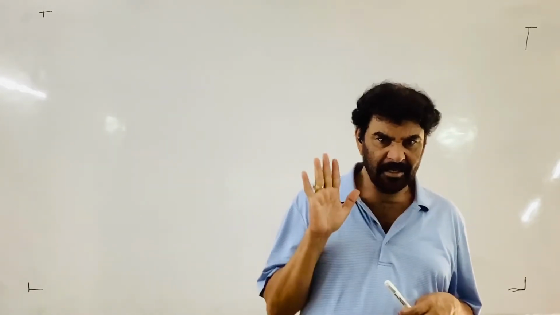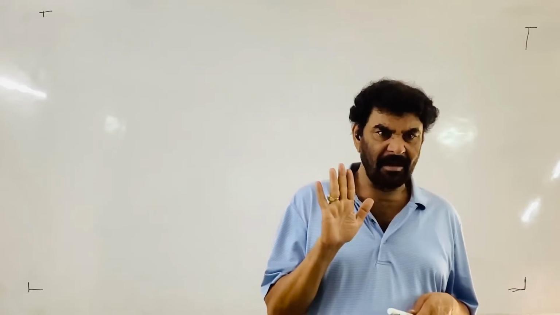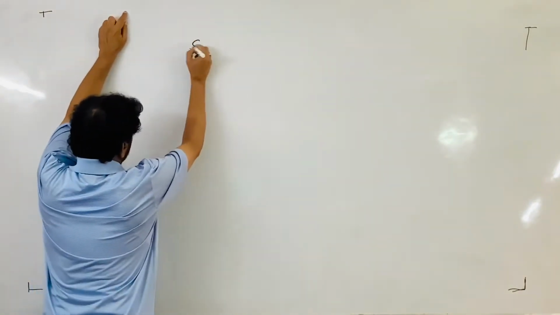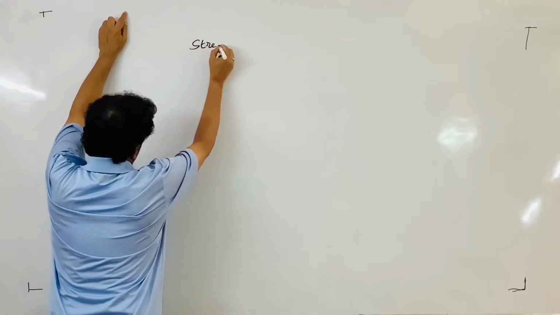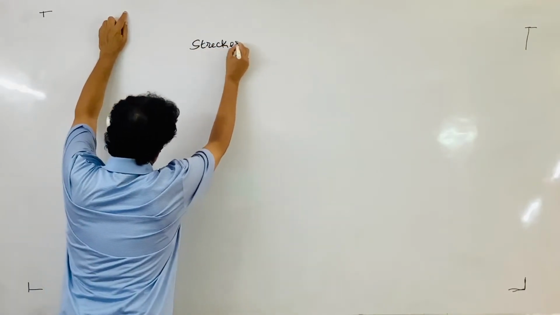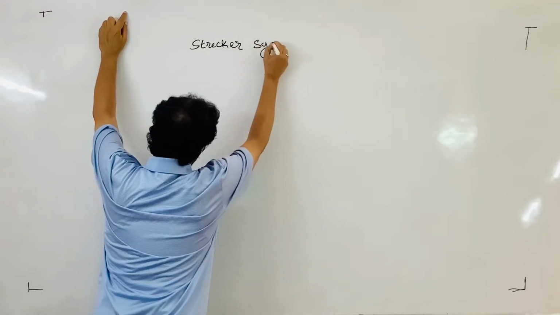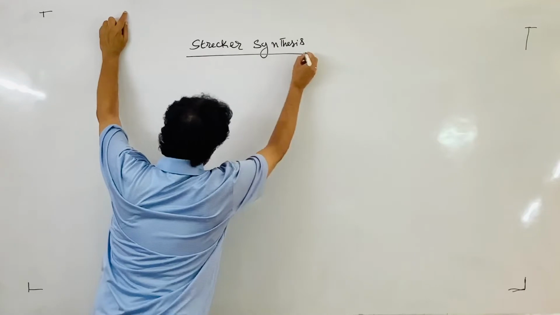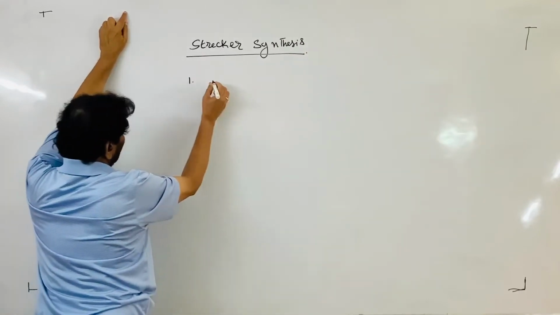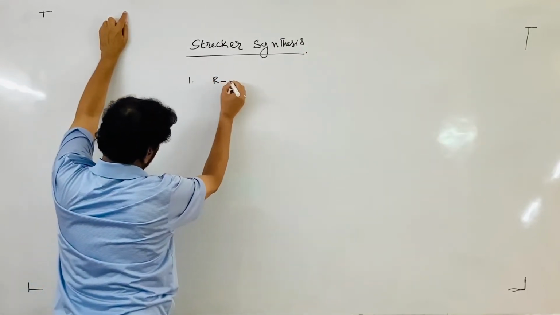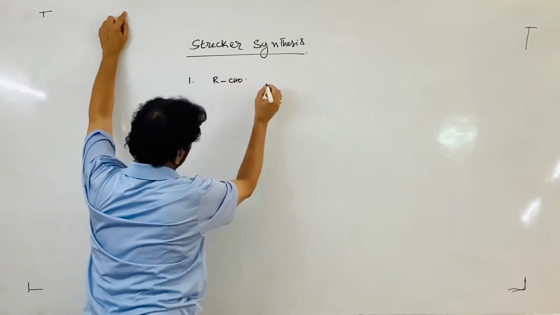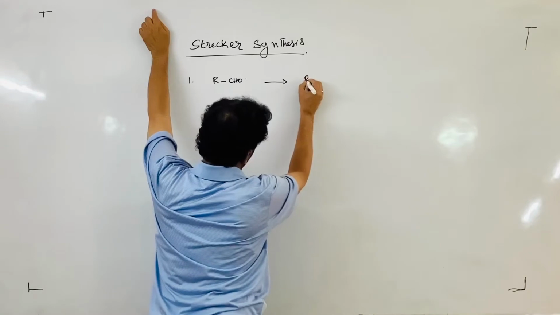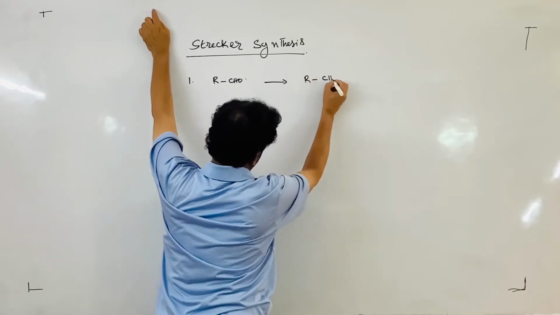See here, the starting materials are aldehydes. So, Strecker synthesis: aldehydes are converted into alpha amino acids.